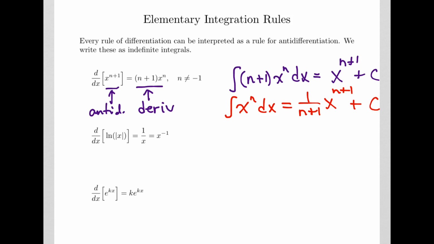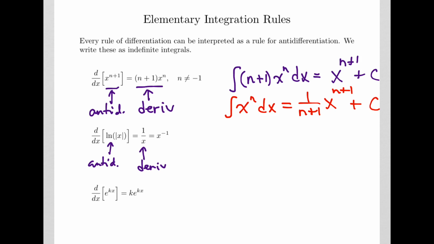So let's look at a couple other rules of derivatives. If I take a derivative of the logarithm of x, I get 1 over x. And if I include absolute values, I get both positive and negative x. So this is the derivative, and that's what will go inside of the integral. And this is the antiderivative, or one of them, because we have infinitely many.